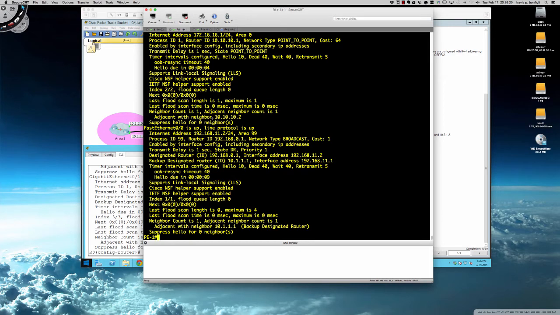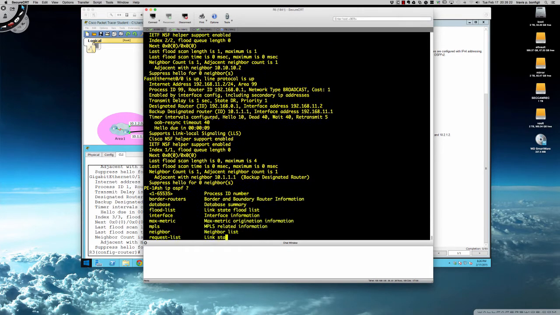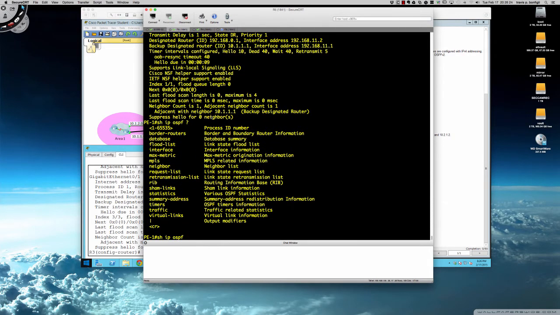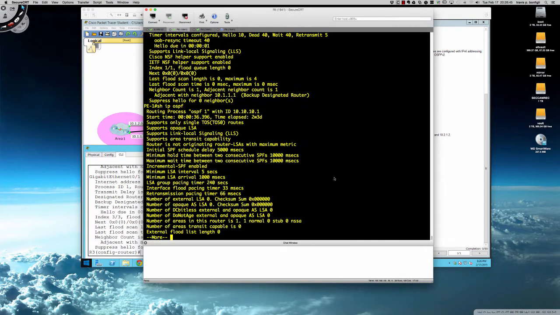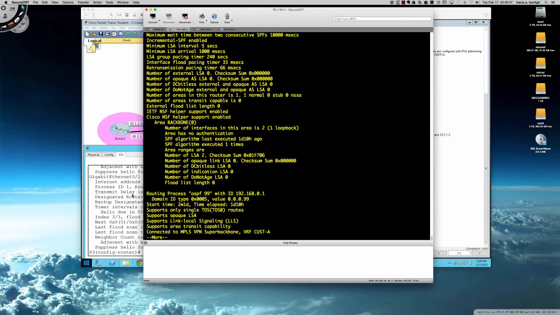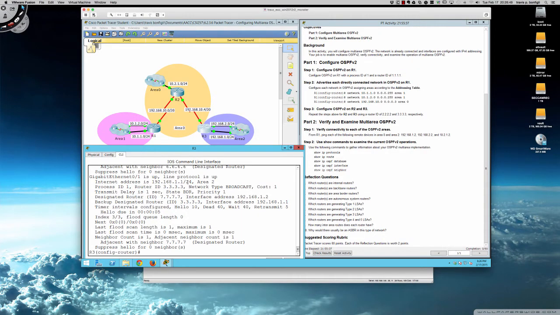I am drawing a complete blank right now. Show IP OSPF, and it should be not neighbor. How about interface FA0/0? Now, is that going to give us the same information? It is show IP OSPF. There we go. I think that, yeah, that's what I was looking for. I apologize.